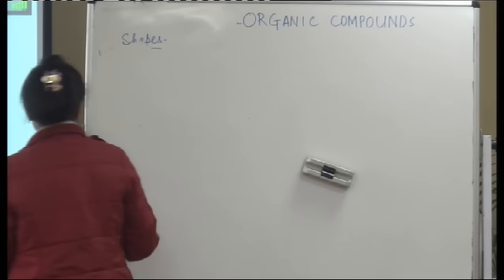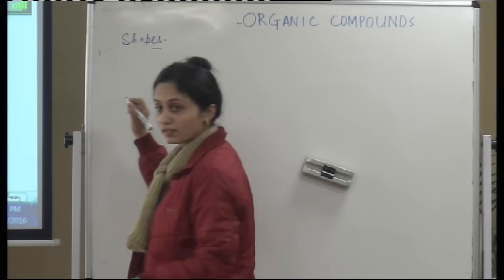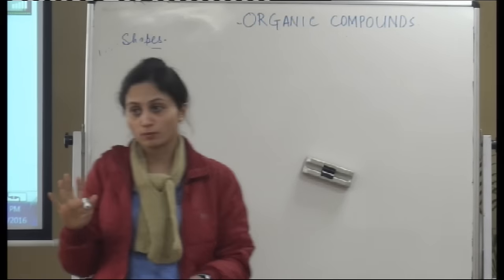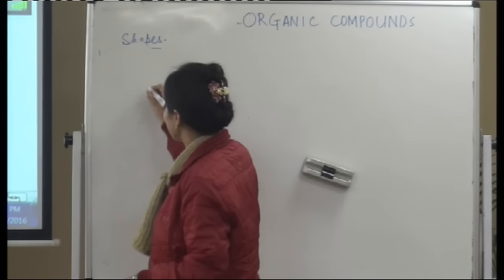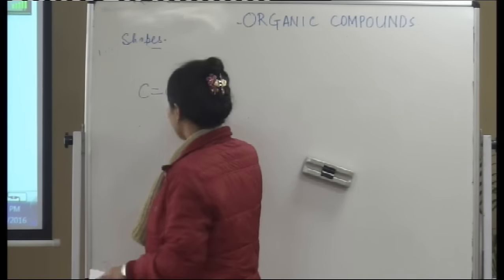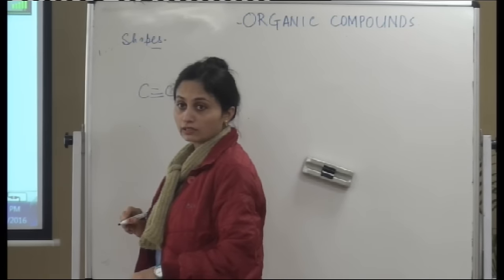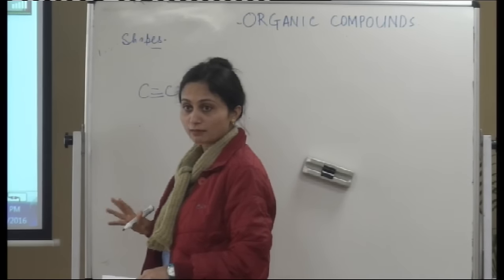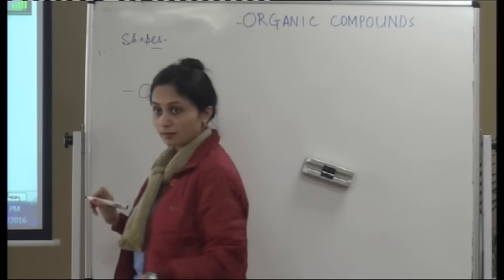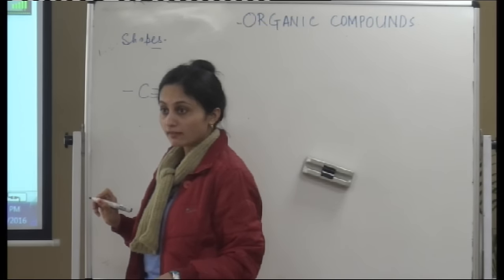Then you also know that the number of sigma and pi bonds which are present, normally your single bonds always represent your sigma bonds. Whenever you have a double bond, then in that case you have 1 sigma and 1 pi. And whenever you have a triple bond, you have 1 sigma and 2 pi. Now say if I'm asking you the total number of sigma and pi bonds in this case, then how will you designate?